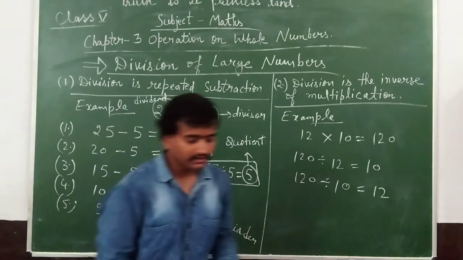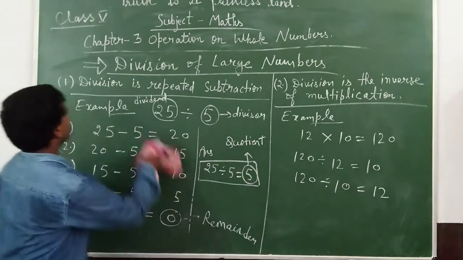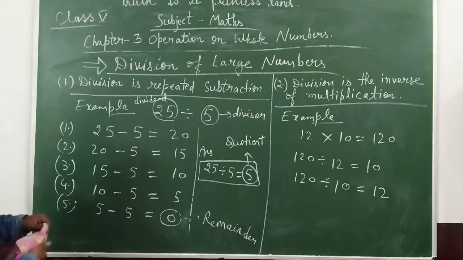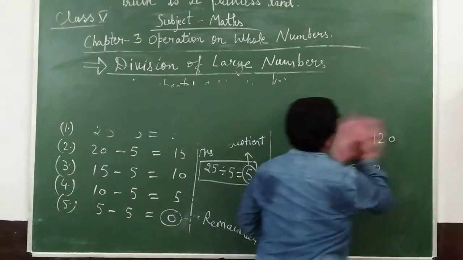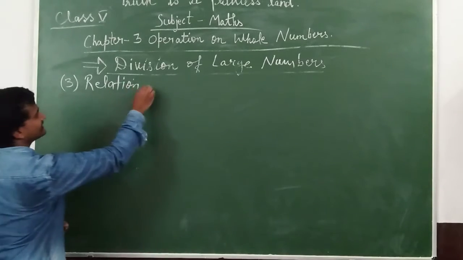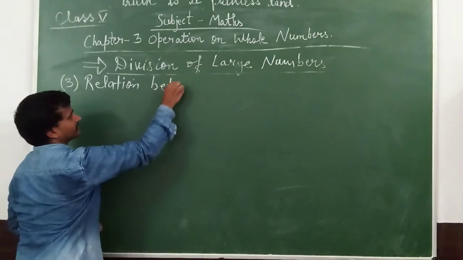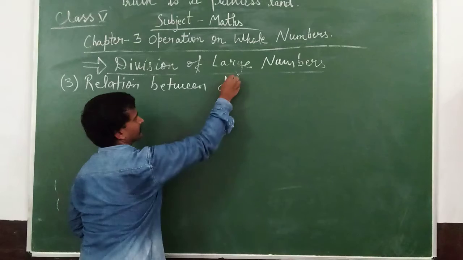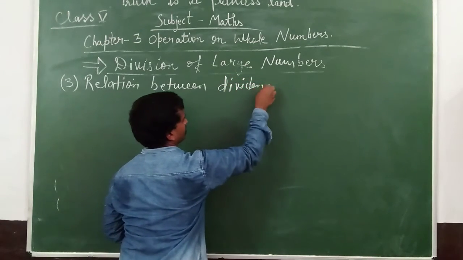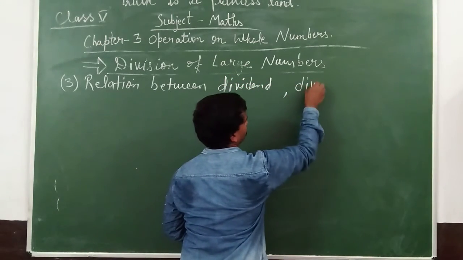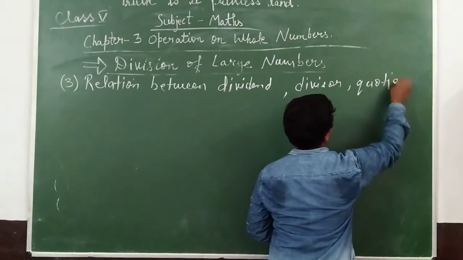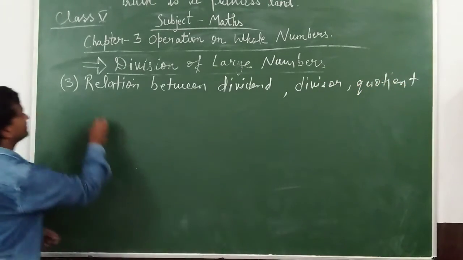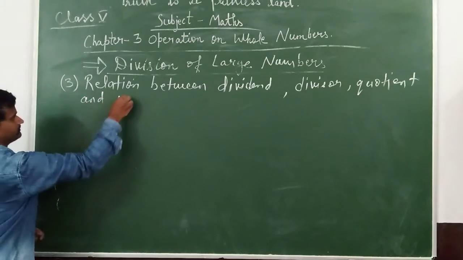Now the next one is the relation between dividend, divisor, quotient and remainder.